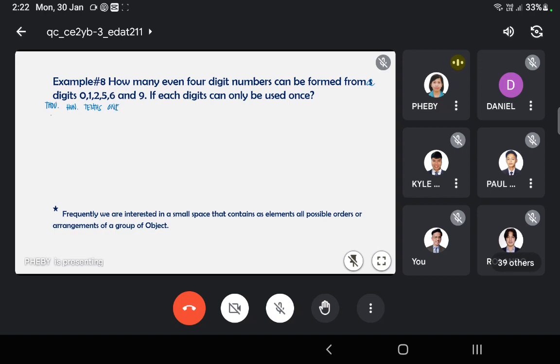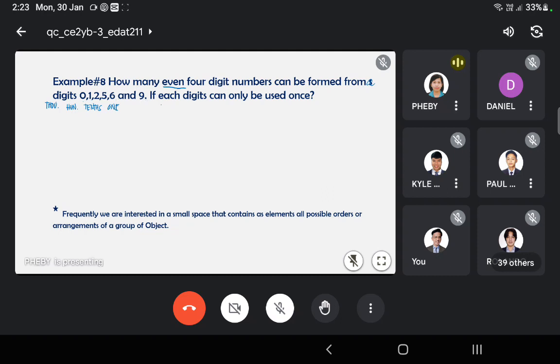So, pag ganyan ang 4-digit number, meron siya ditong condition. So, the first condition niya is that the 4-digit number should be even. Even. So, pag sinabing even, ito yung ating mga numbers, 0, 1, 2, 5, 6, and 9.